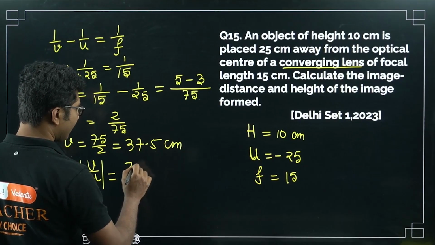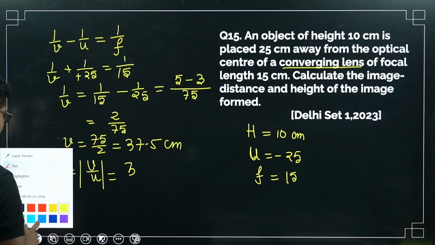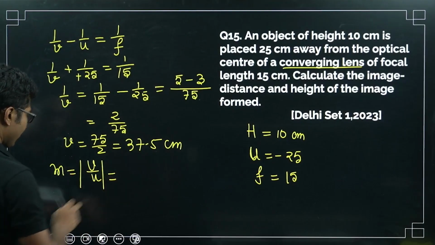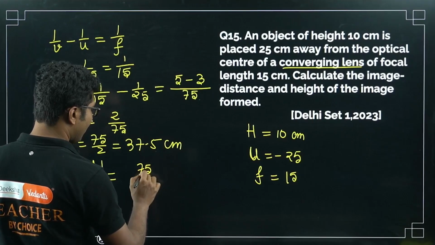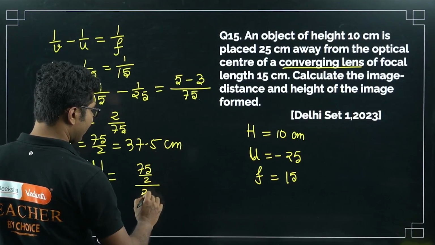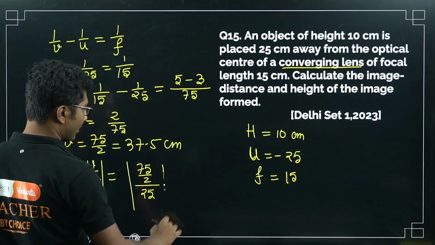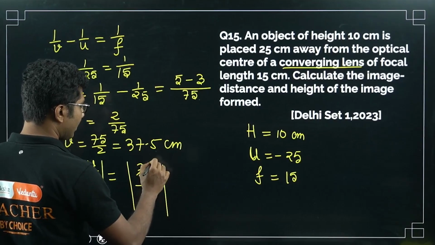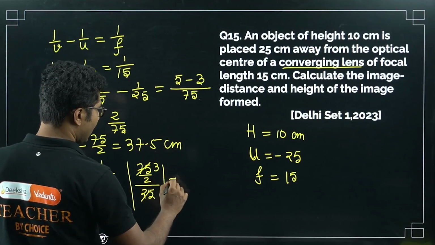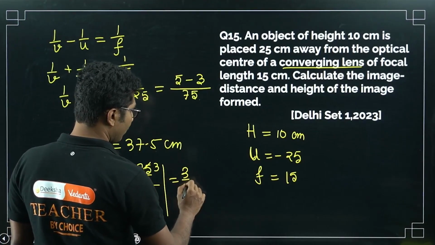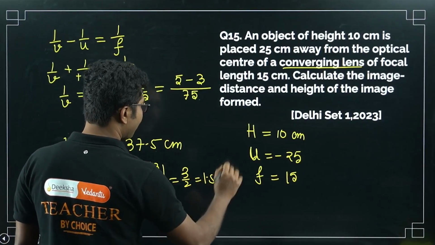So instead of writing 37.5, we will write 75 by 2 divided by 25. That will be easier for us, nothing else. 3 25s are 75, so you will get 3 by 2, that is 1.5. This is the magnification.